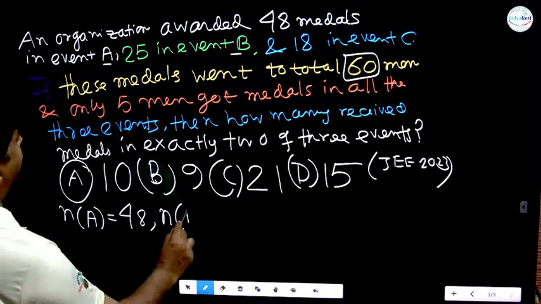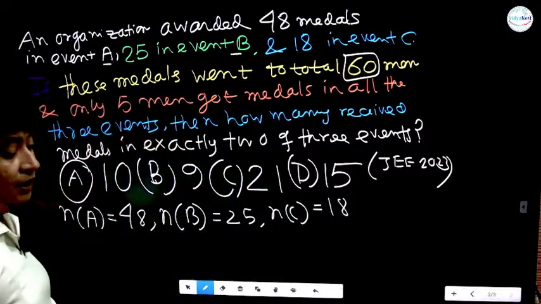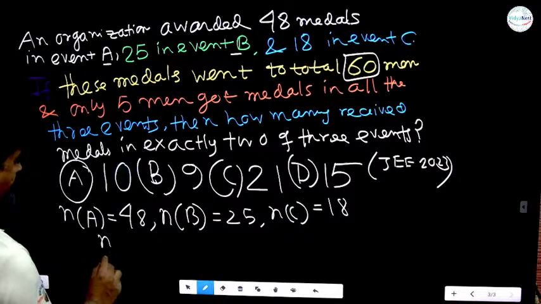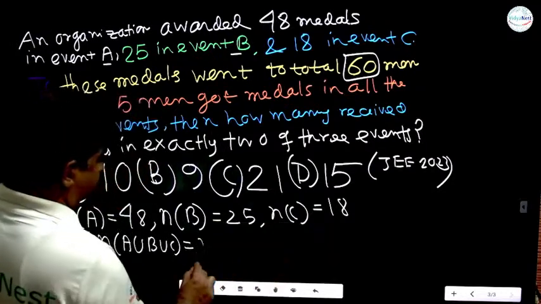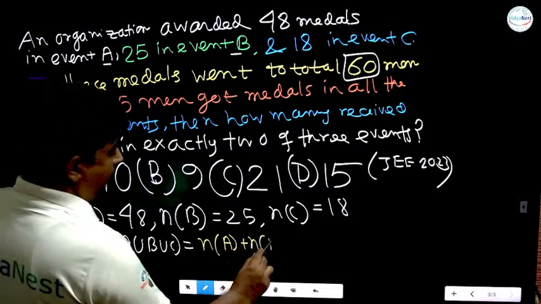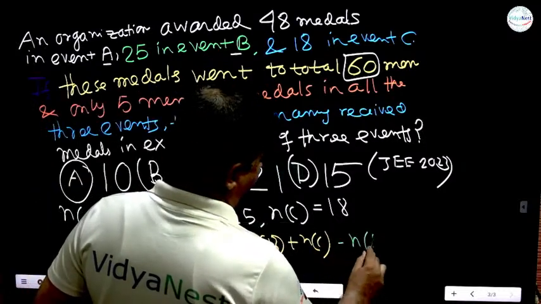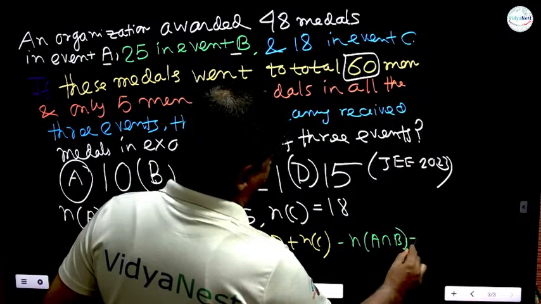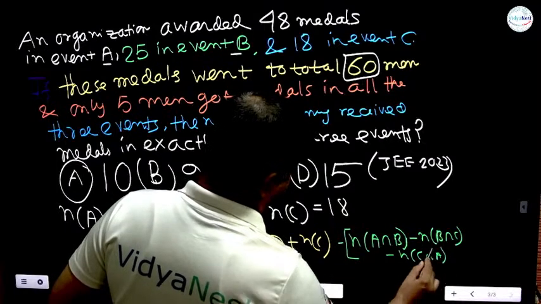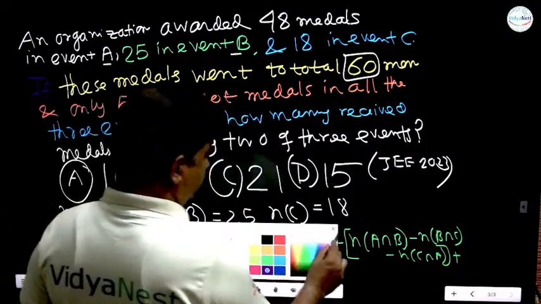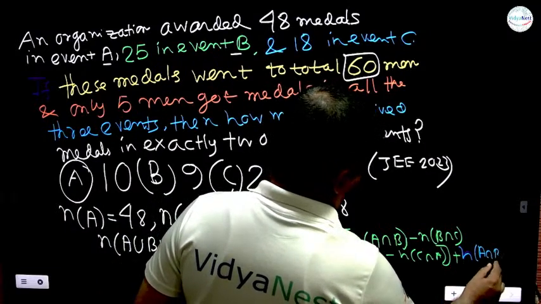Now n(B) is 25, n(C) is 18. In A union B union C, the formula which we have just discussed: n(A) plus n(B) plus n(C) minus n(A intersection B), n(B intersection C), n(C intersection A), plus n(A intersection B intersection C).